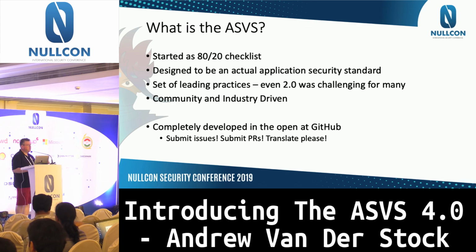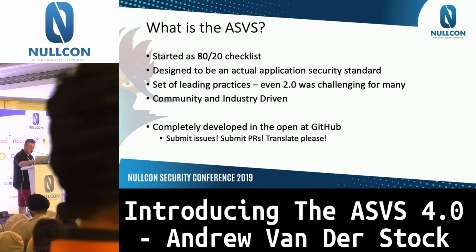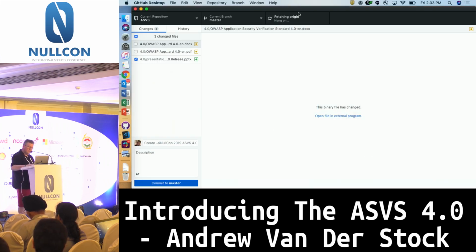Now, I promised that we would release the ASVS 4.0 on stage. So let's go ahead and do that. Okay, when this happens, the ASVS will be published on GitHub.